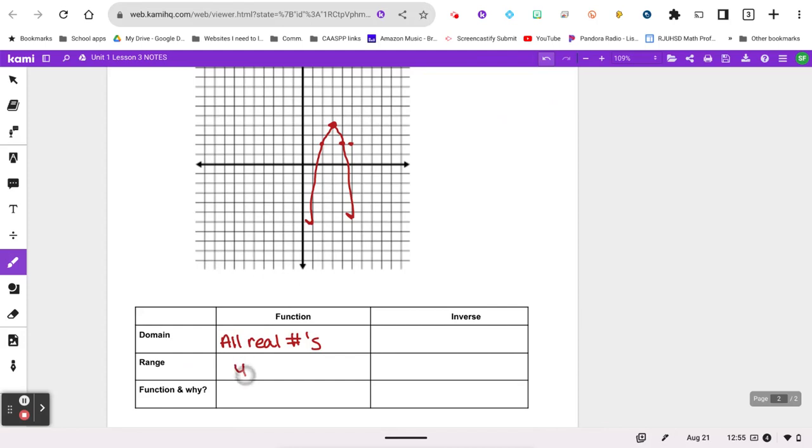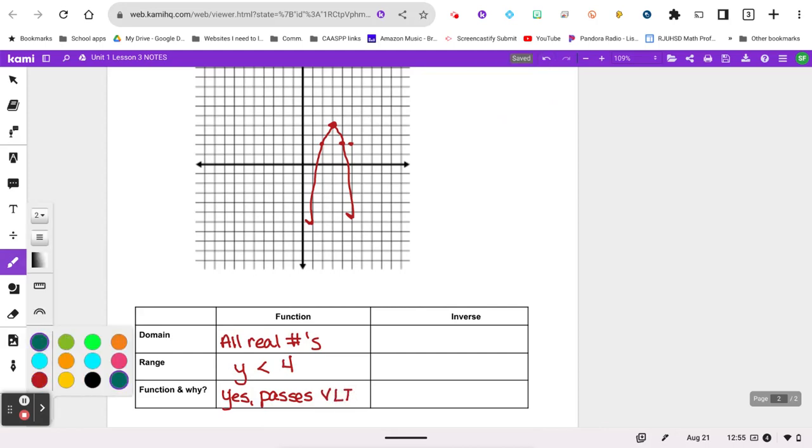Our vertex point's y value is 4, and all the values in that equation are below 4. So we're going to say y less than or equal to 4. And this one, again, is a function because it passes the vertical line test.